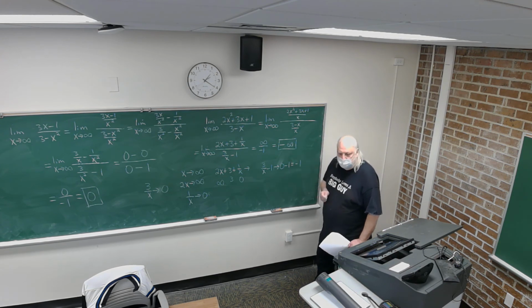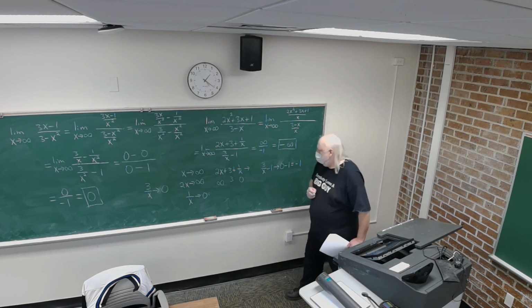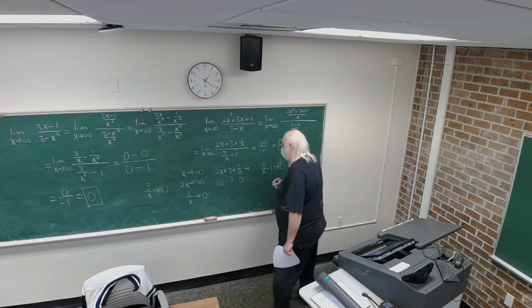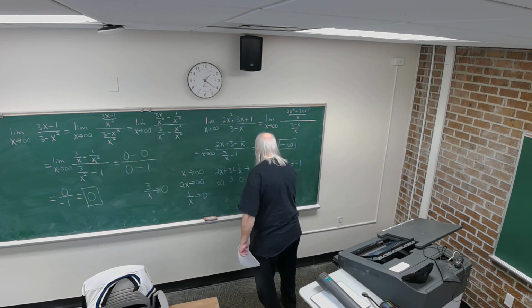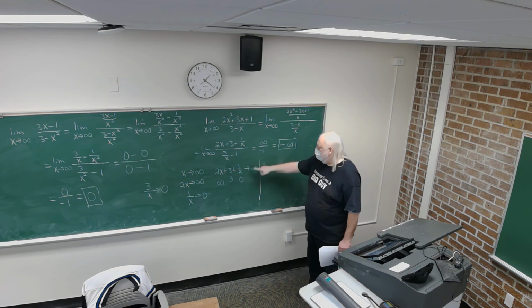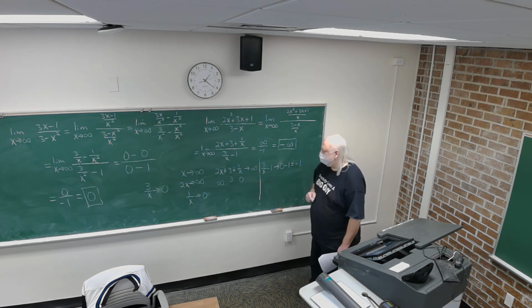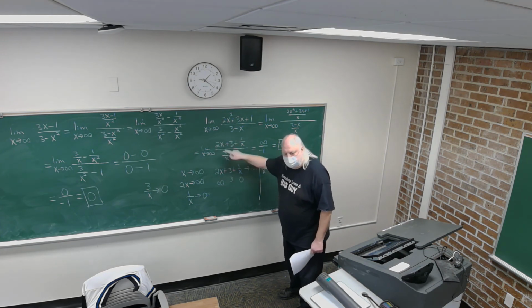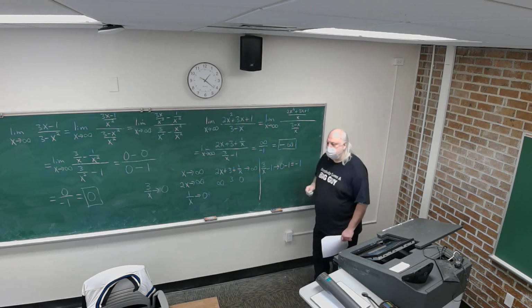And obviously there's no horizontal asymptote. So the numerator is increasing without bound as x increases without bound, because this goes to 0, but this just keeps getting larger and larger, without end. Okay.